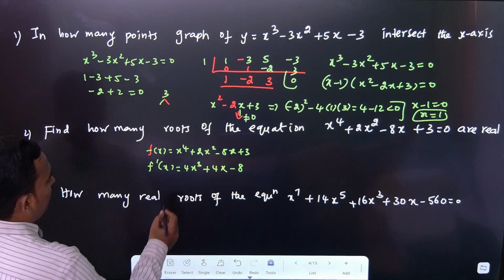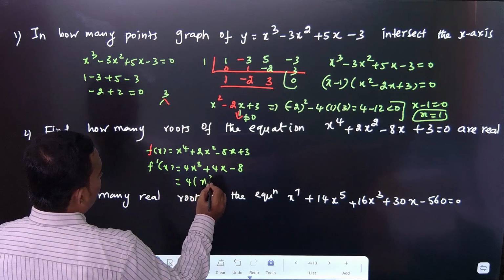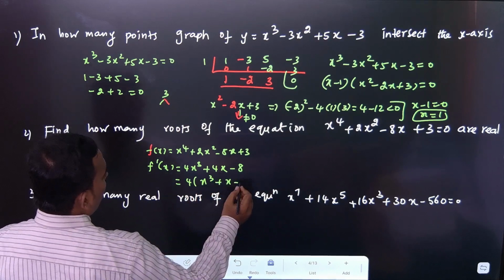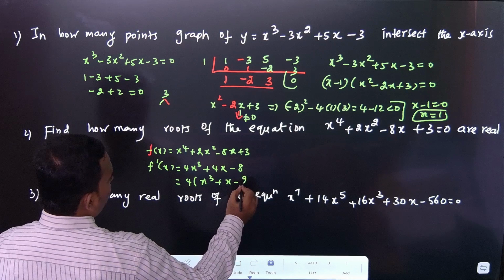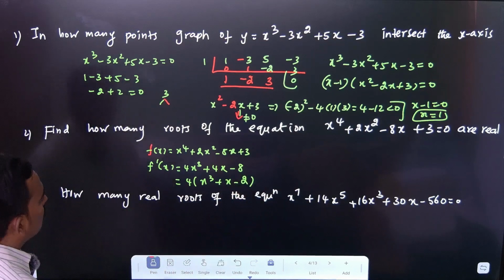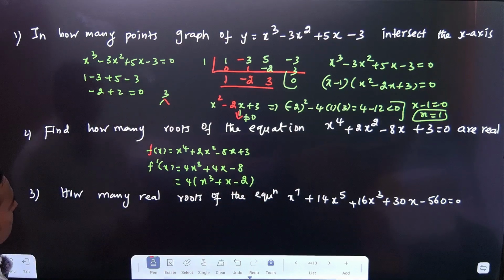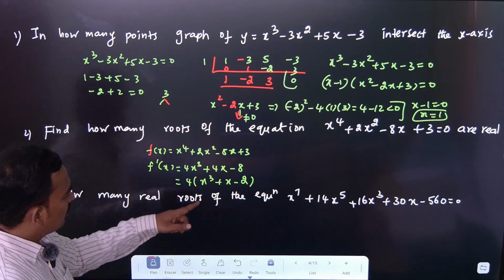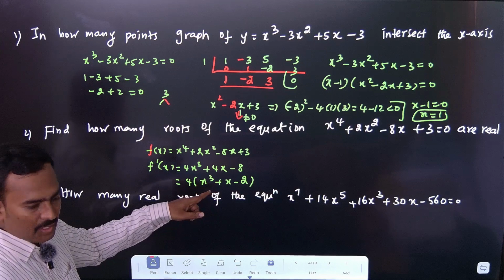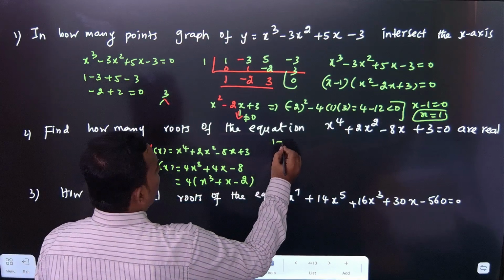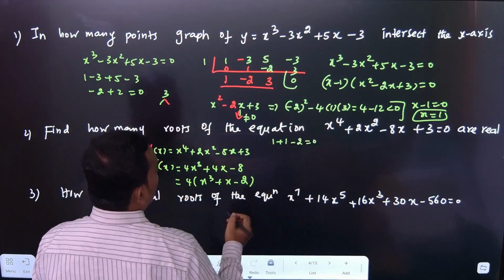Clear? You can take 4 out. What will we get? x cube plus x minus 2, right? Is it correct? Yes. You can see, student, the sum of the coefficients here is 0: 1 plus 1 minus 2 is 0.